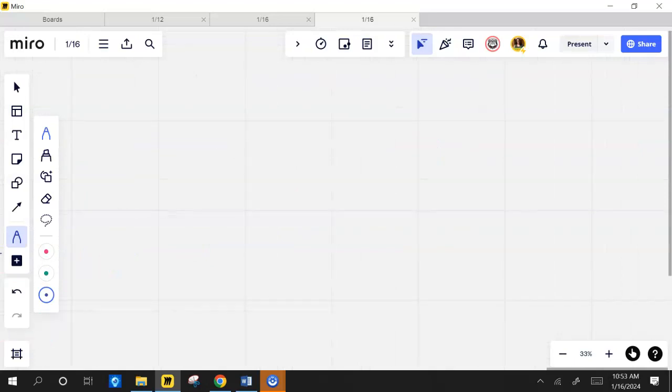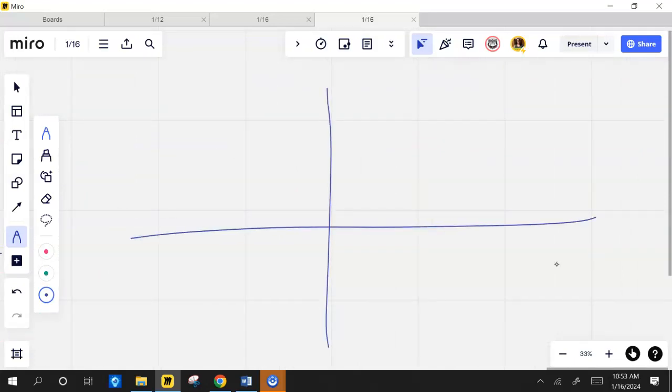Let's say I have the graph. Let's do a line segment to start with. Let's say this point is -2, -1.